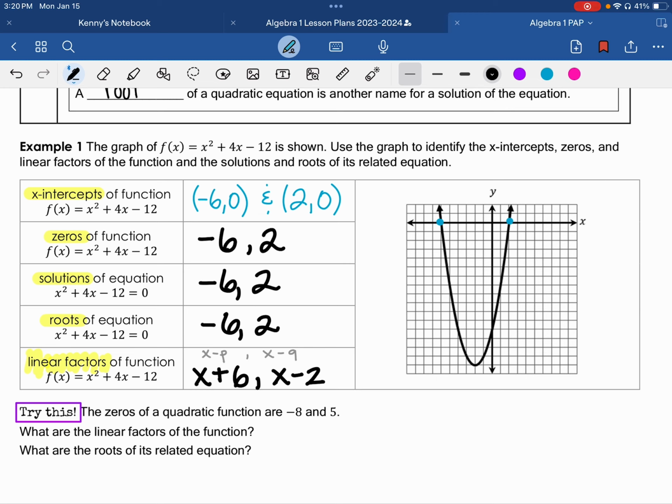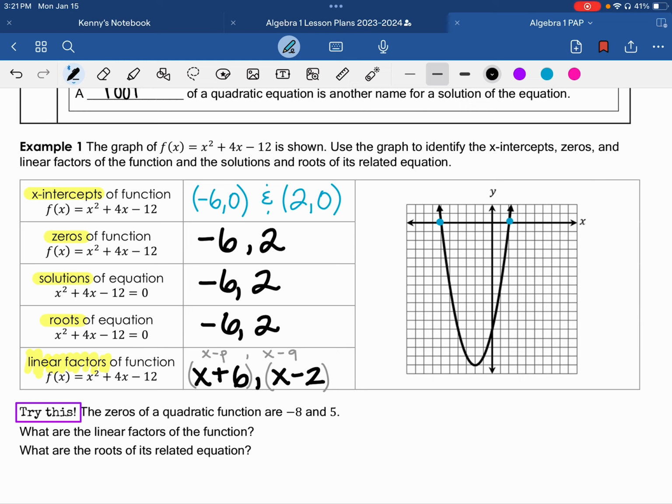Now, it is very common for you to see them with parentheses around them. So I'm going to add the parentheses. It's not necessary for the factor, but when we get into writing the equation in factored form, they do have to have the parentheses.